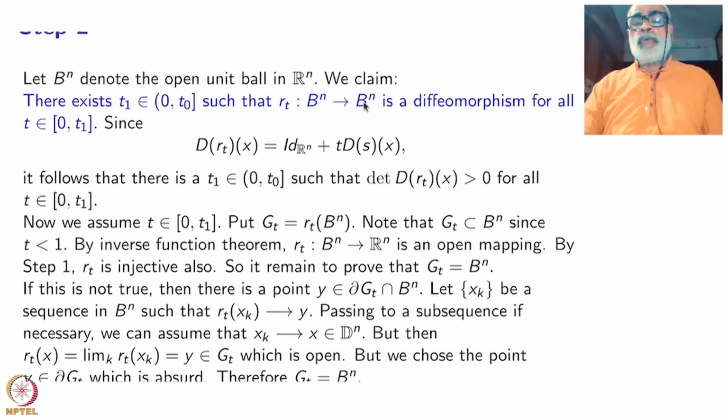So look at Gt equal to Rt of Bn. We want to show that this Gt is inside Bn first of all. Why is Gt inside Bn? Because t is less than 1. I have chosen T1 to be less than 1.